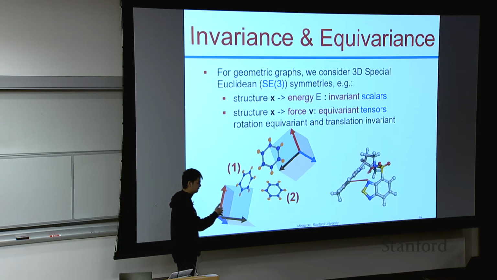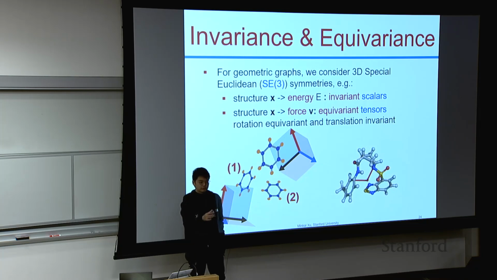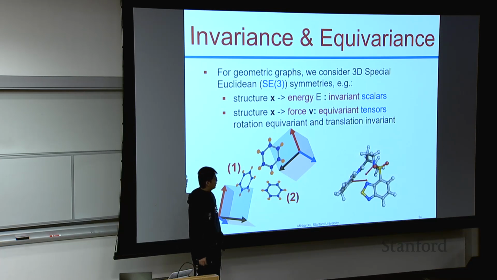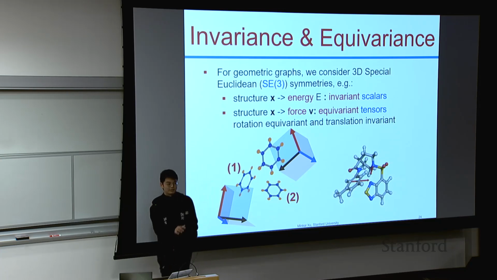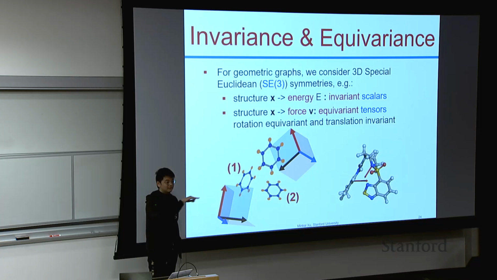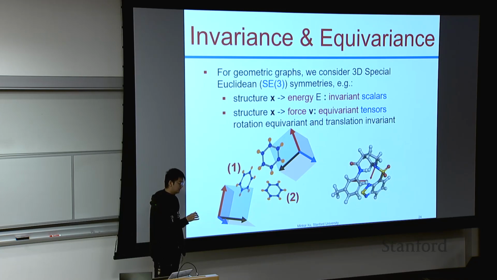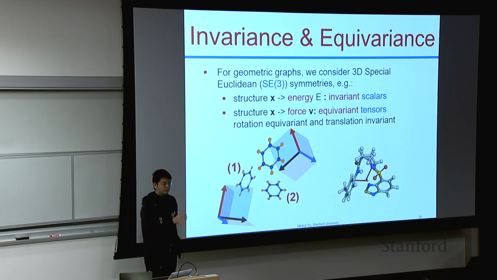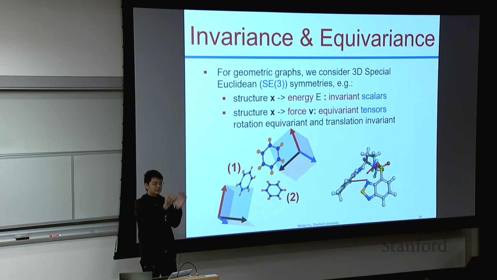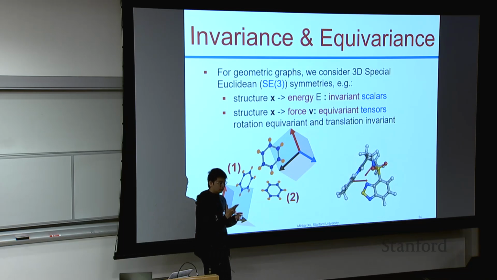SE3 group means we consider the transformation as a combination of rotation and translation. There is also the typical Euclidean space, E3 space, where the additional action is reflection. But in molecules, when you reflect a molecule, the property will actually change. So we never consider reflection. We only consider rotation and translation.